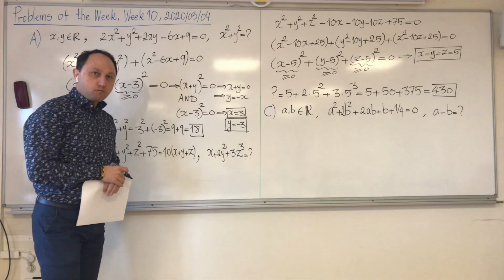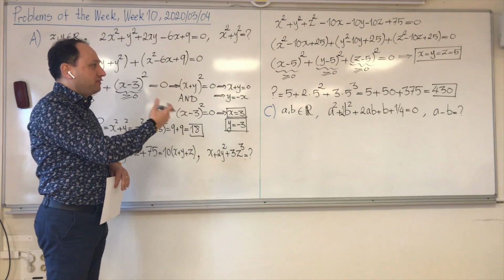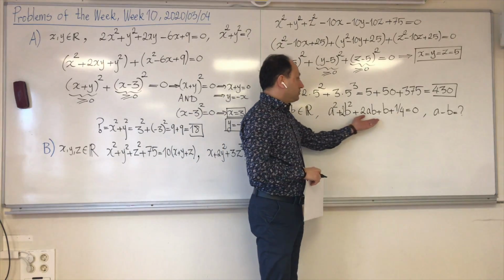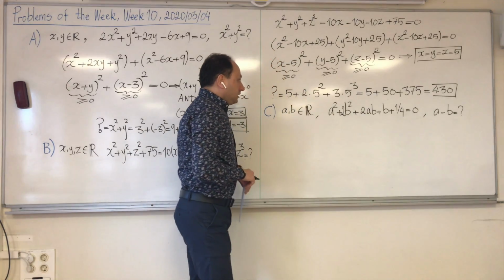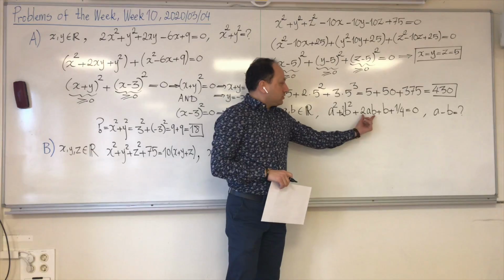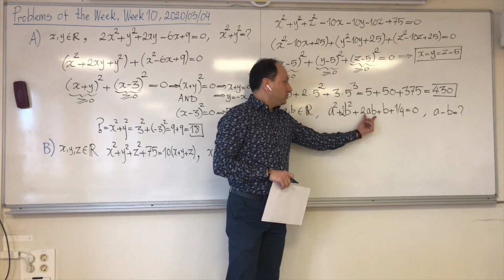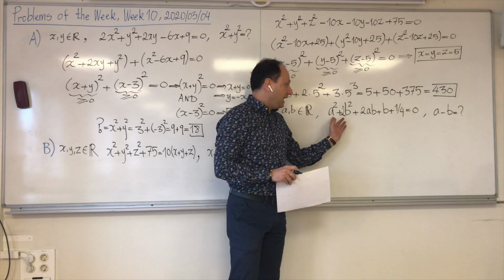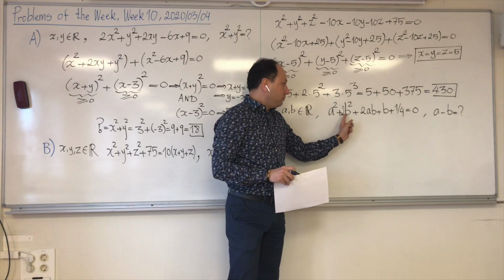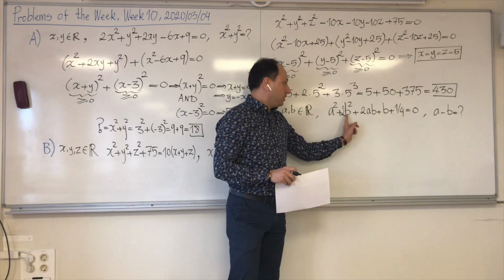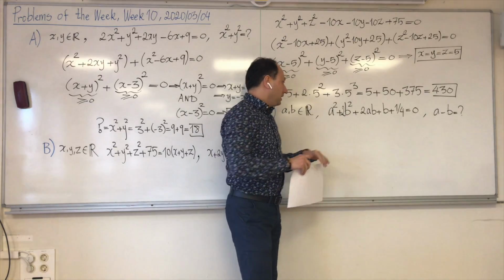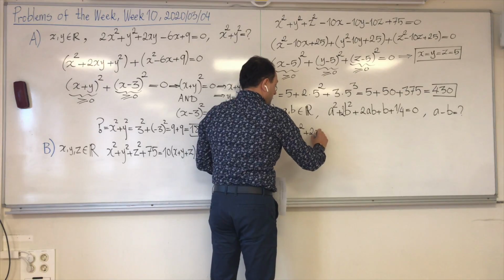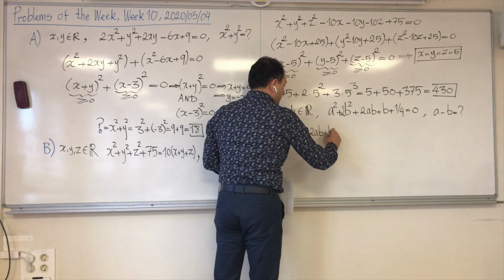Okay? I hope that by now you have enough experience, yes? So what is my goal? Again, my goal is to complete squares. Because of this cross term AB, it motivates me that I need to make a complete square involving A and B. One B^2 is enough for me, so I borrow one of these B^2 and I write A^2 plus 2AB plus B^2.